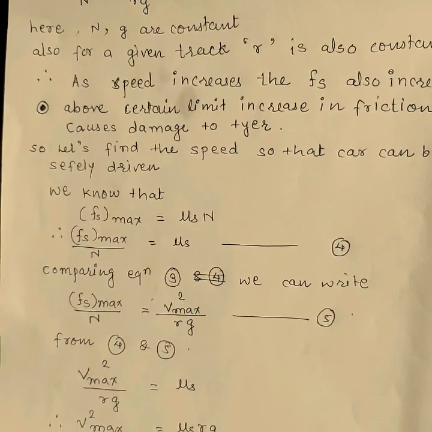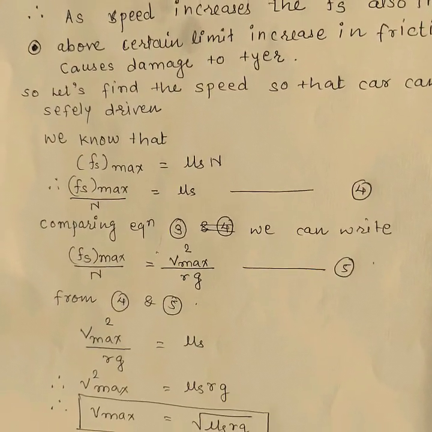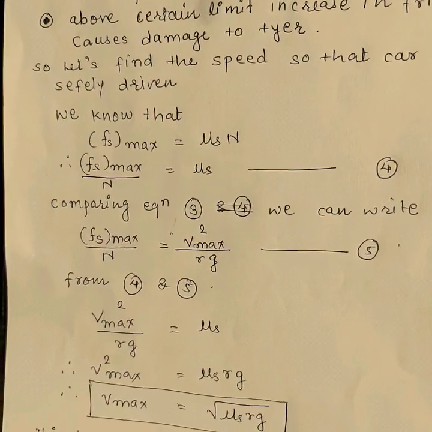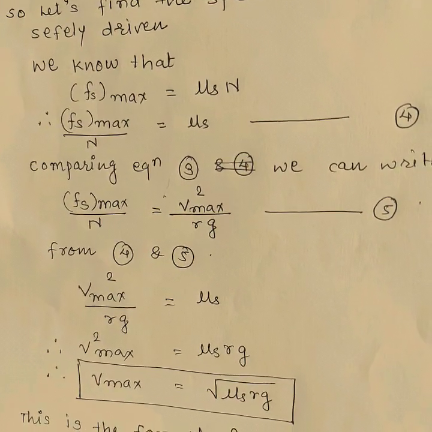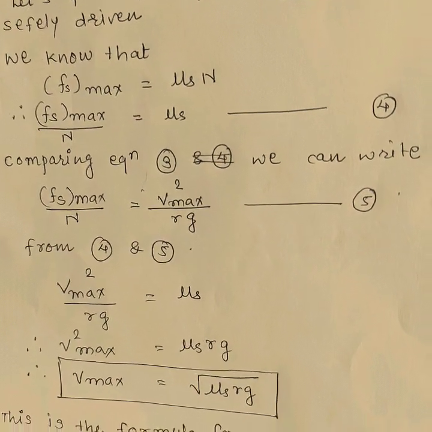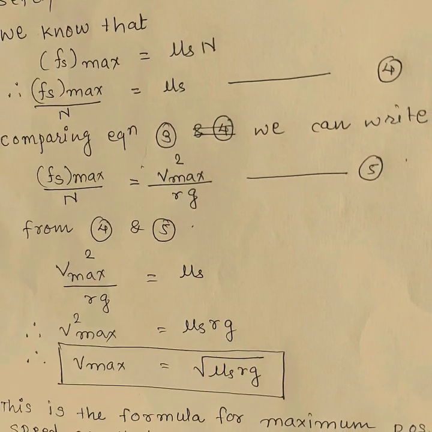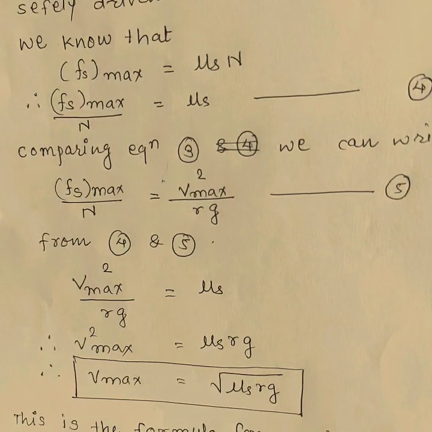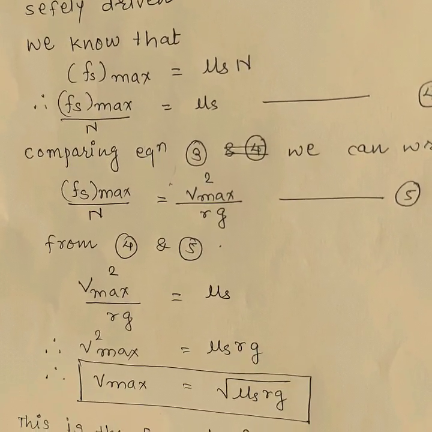Now if you consider equations number 4 and 5, the left hand sides are the same. So we can equate the right hand sides. So we'll get V max square upon Rg is equal to mu s. Rearranging this, we'll get V max square is equal to mu s Rg. Taking square root on both the sides, we'll get V max is equal to under root mu s Rg.